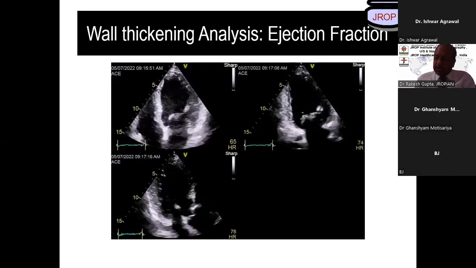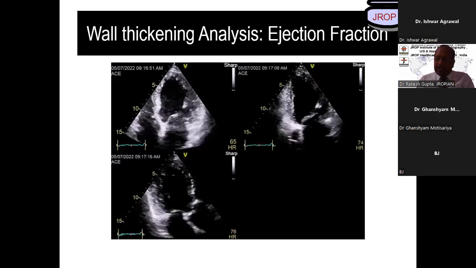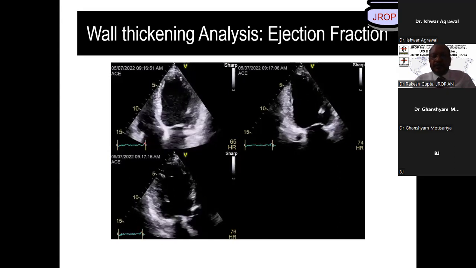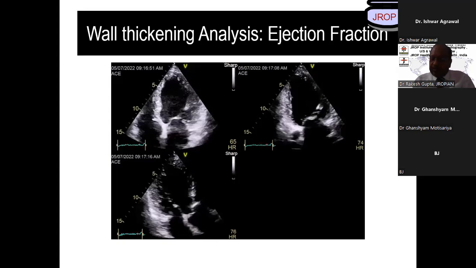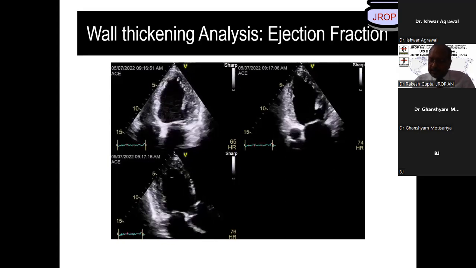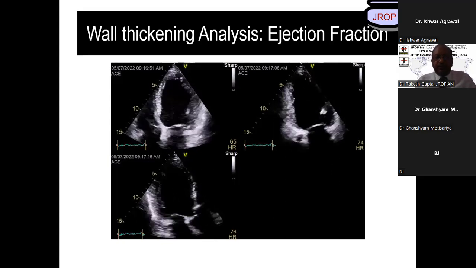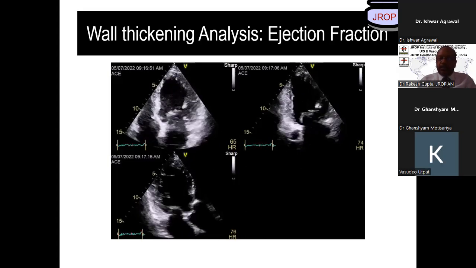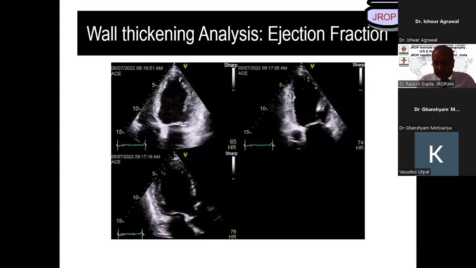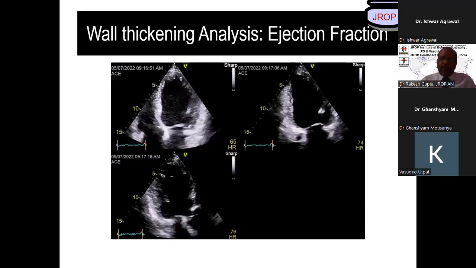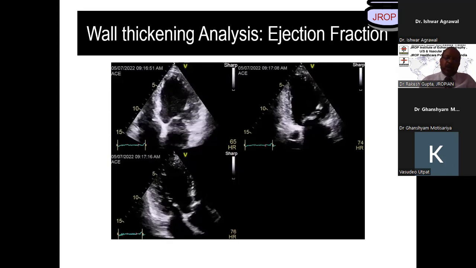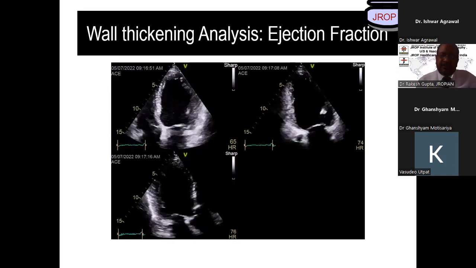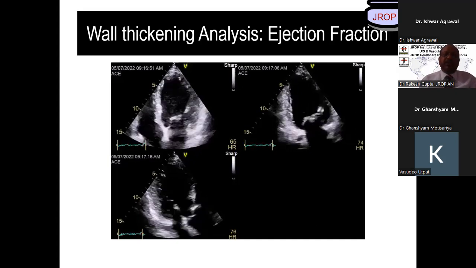Oh, no. Dr. Krishna Ansiram Yadav. Dr. Ishwar Agarwal, you can take this question. Ejection fraction. 20 to 25%. Pardon? So 25 to 30%. Most likely ejection fraction would be low. I don't say 25 to 30%. It would be about 40% ejection fraction.